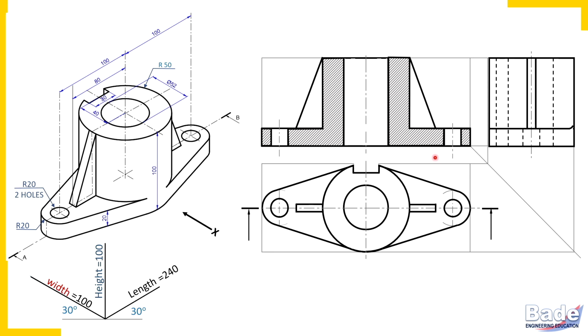Some hidden details get exposed because of cutting. We should make them visible in sectional view. Some hidden details remain hidden even after cutting. We need not show those hidden details. In short, you can say that no hidden lines, no hidden edges in sectional view.